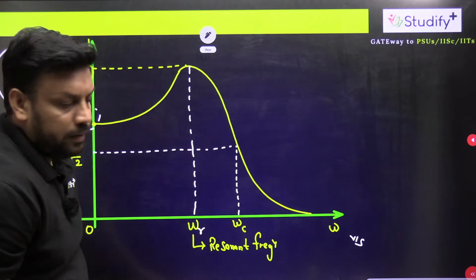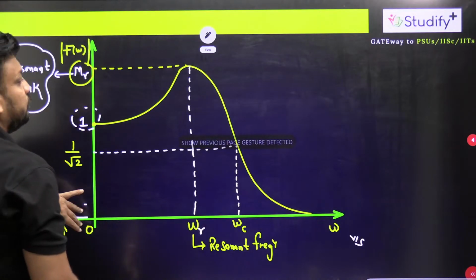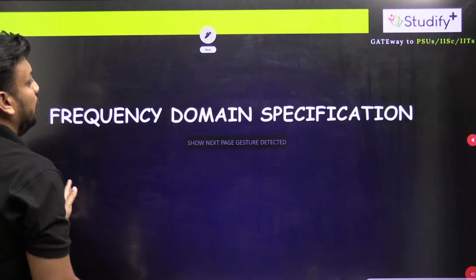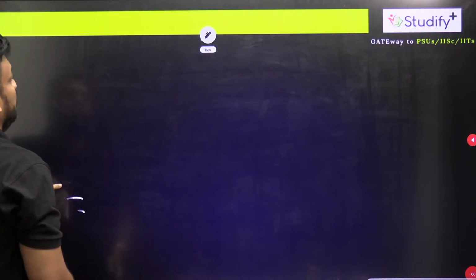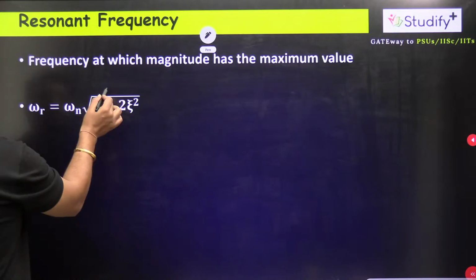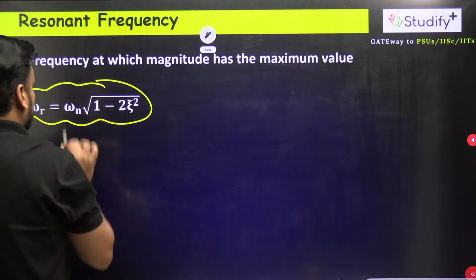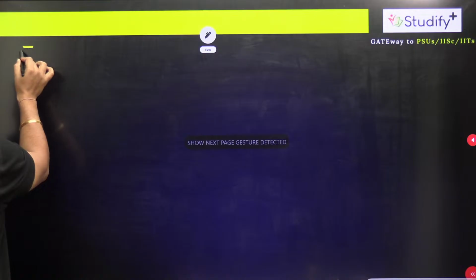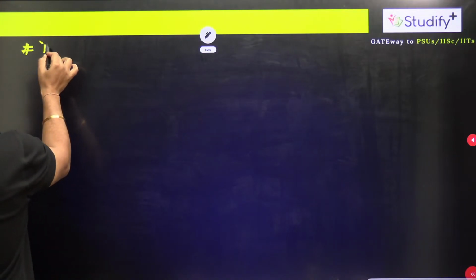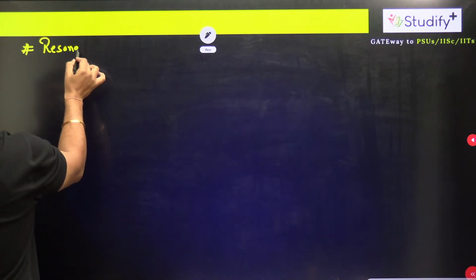Completed? Yes. So now make a heading, resonant peak or resonant frequency first. Okay. So resonant frequency, this is omega r. First we should do a small derivation here. Just make a heading, resonant frequency.